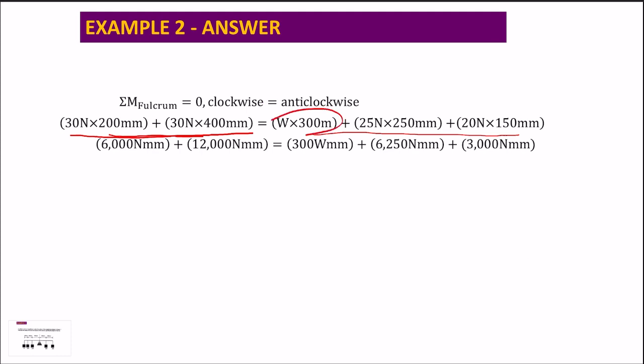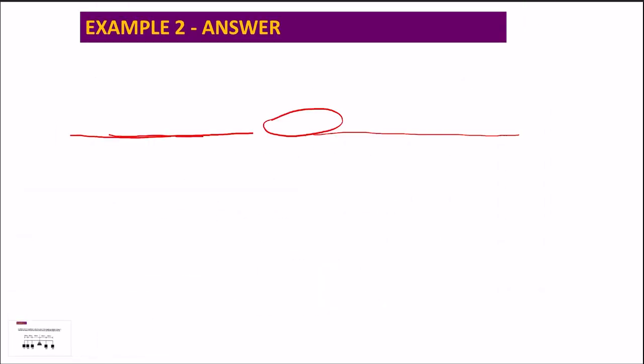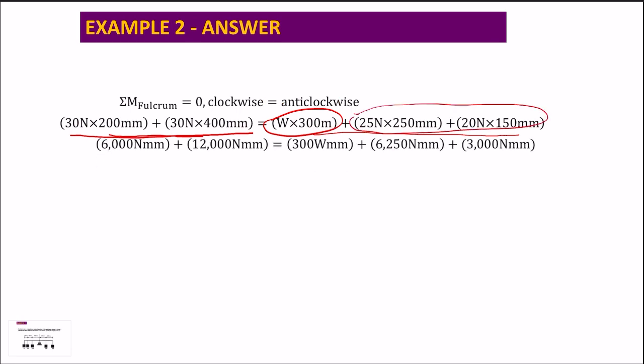Di sini, you have 25 and 20, which is 25 darab dengan 250 and 20 times with 150, the distance to the fulcrum. This is all here, right?